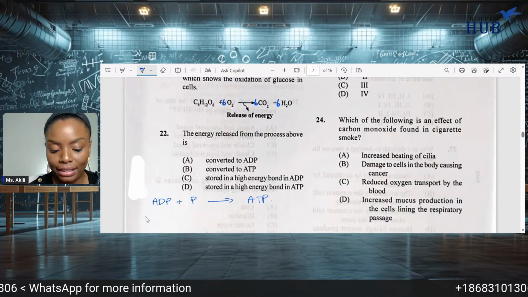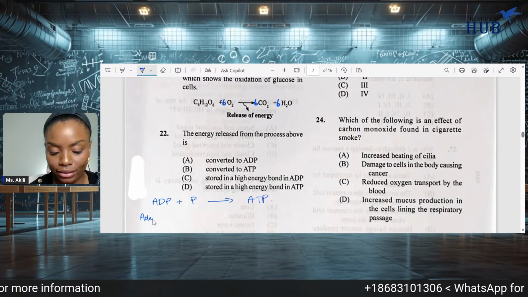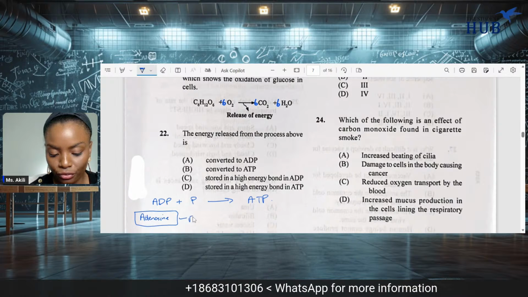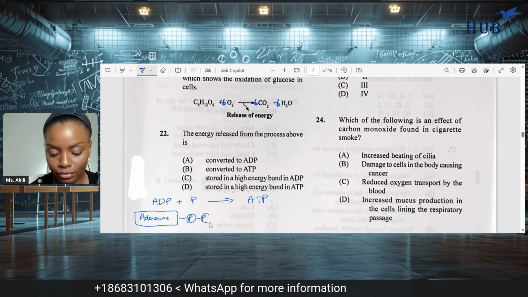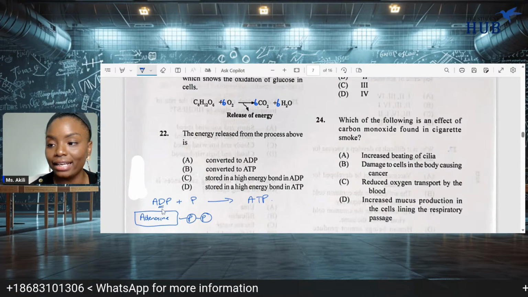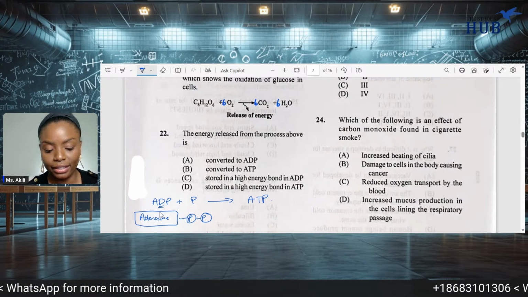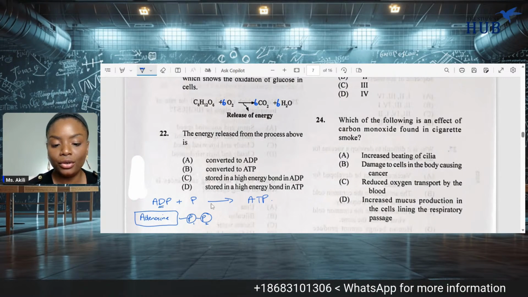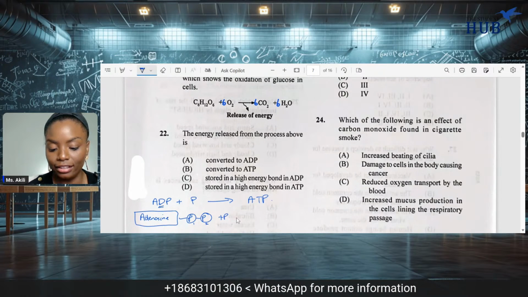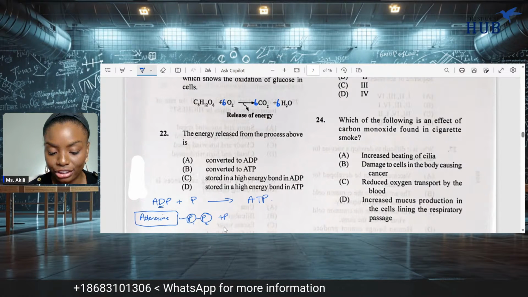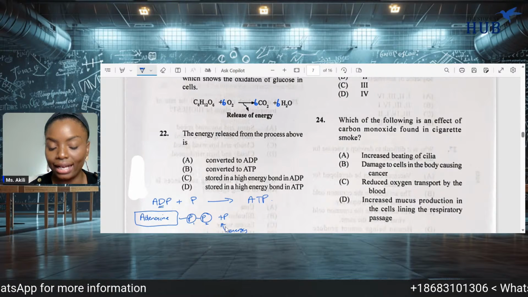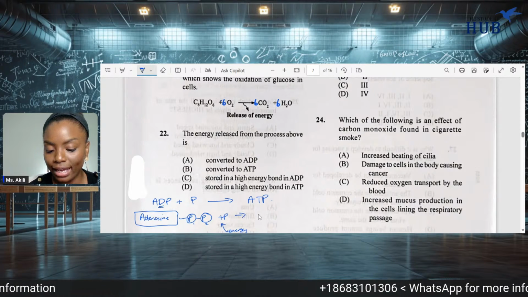ADP stands for adenosine diphosphate, adenosine with two phosphates attached. To make ATP, we're simply going to add a third phosphate to that using energy. So the energy from glucose is used to add that third phosphate group.